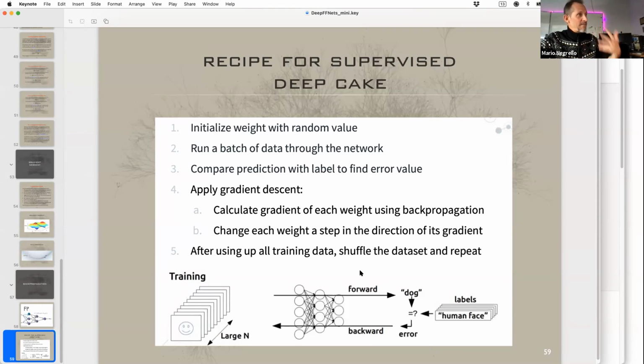And after using all of the training data, you can shuffle the data set and repeat. Shuffle the data set and repeat will diminish the influence of sequence on the weights. So there is an influence of the data set presentation on the output, the general output.